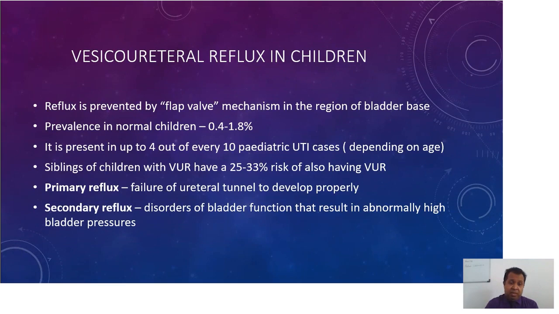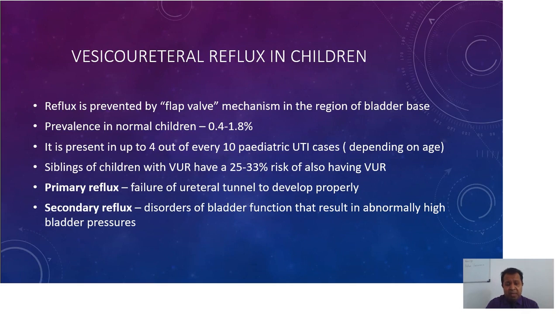Most importantly, among children presenting with recurrent urinary tract infection, 4 out of every 10 have underlying reflux. This means that about 40% of children with recurrent UTI are at risk of having underlying vesicoureteric reflux.